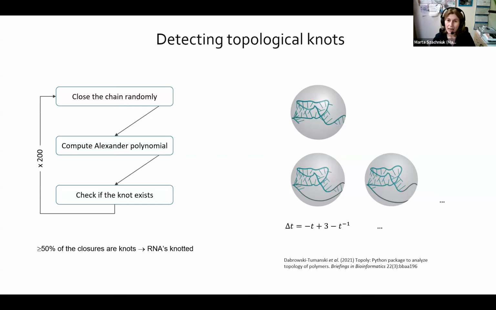So what the algorithm there does is it tries to first position the molecule within a sphere. Then it tries to, in such a way that the ends of a chain are positioned on the surface of the sphere.